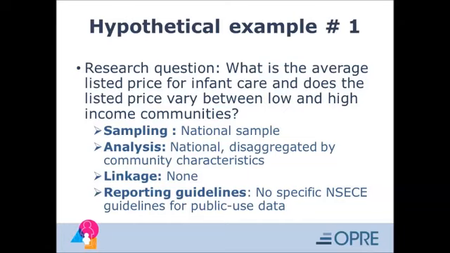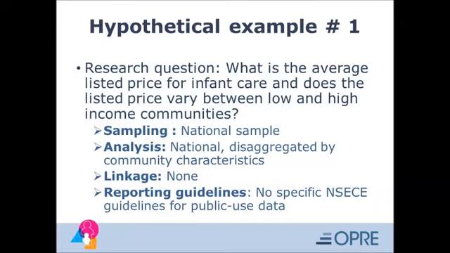What we're also exploiting is that in the data file, we have community characteristics variables that used the actual address of each provider, as well as American Community Survey data from the Census Bureau to characterize the community in which that provider was located.